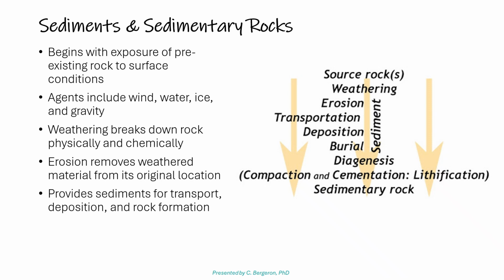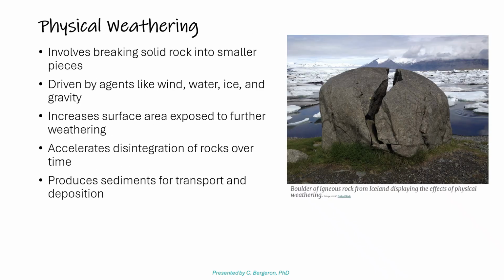Now, the effects of weathering on pre-existing rock can be physical and chemical. And physical weathering is basically the physical disintegration of the rock, so the breaking down of solid rock into smaller pieces.